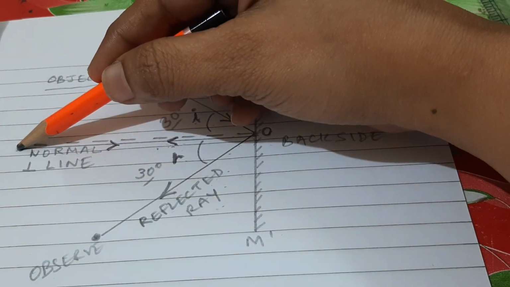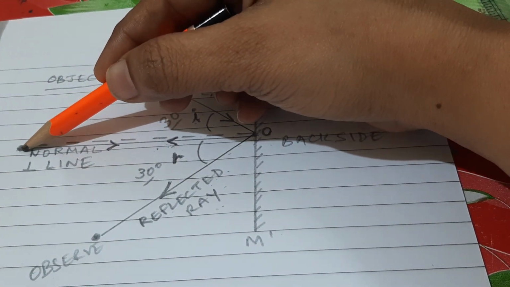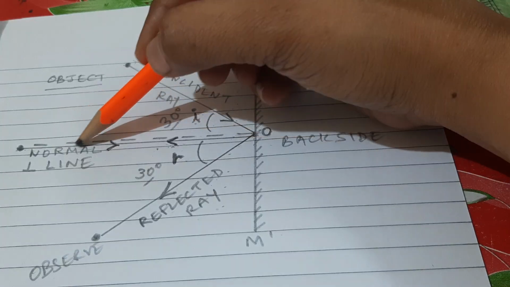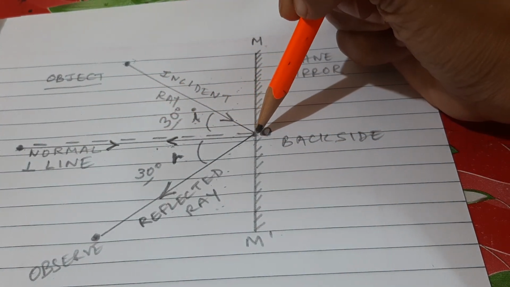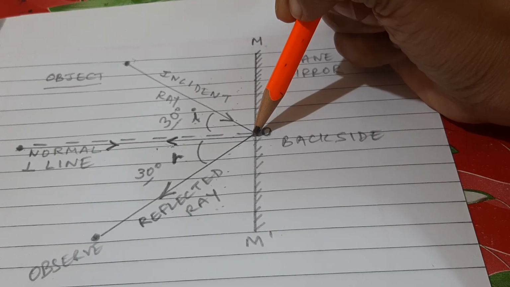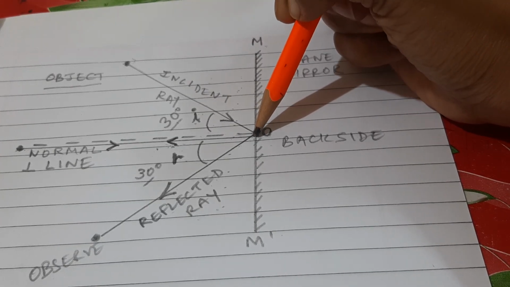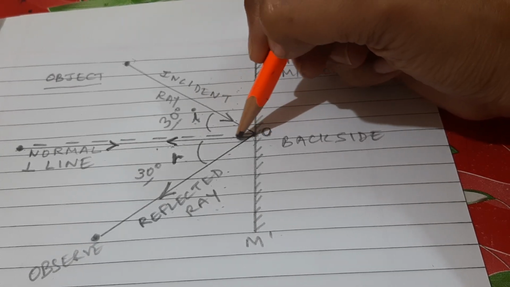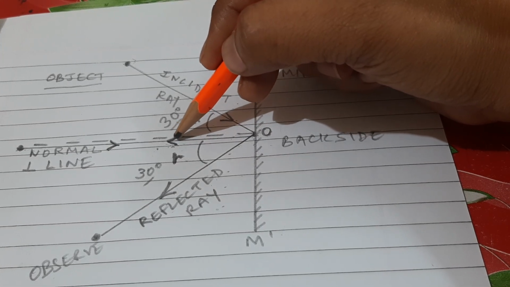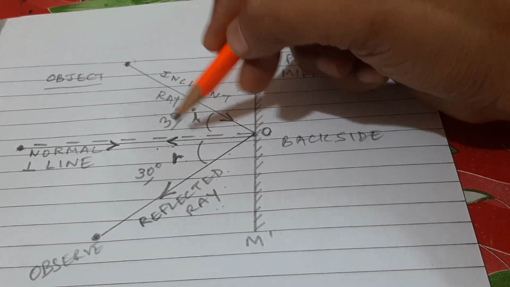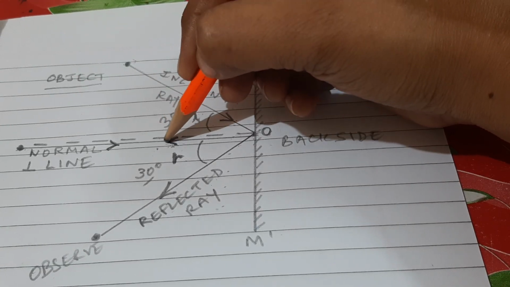In this case, suppose if the object is placed at normal, the incident ray going towards the reflecting surface of the mirror and falling on mirror at point of incidence will be reflected back in the same line but in different direction.